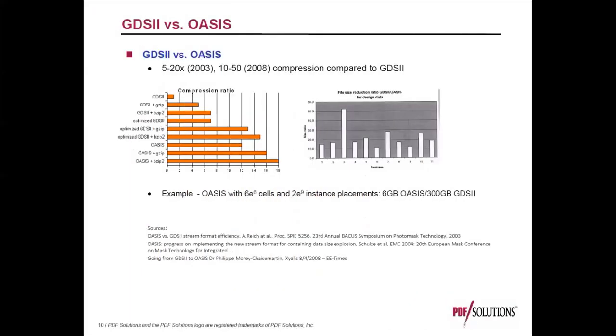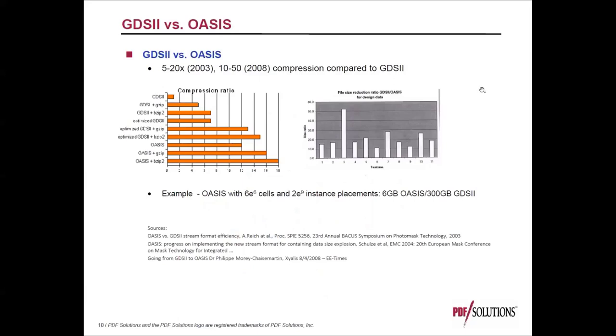Here's just some comparison between files, same data, either once as GDS2 and once as OASIS. And in the sources, you see there's lots of papers written about how good OASIS is, and you will find all these charts in these papers, and if you have time, read them. It's quite interesting.